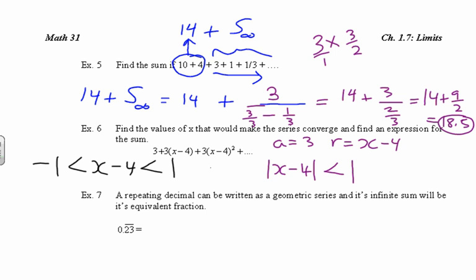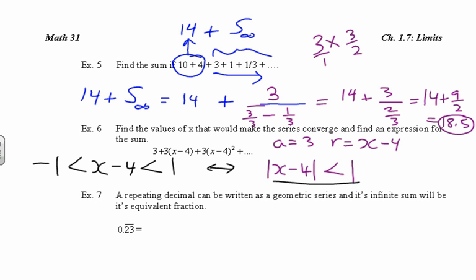This statement, to a trained mathematician, means that statement, and vice versa. If your absolute value is less than 1, that means you're between -1 and 1. These are equivalent statements. Now let's take this equivalent statement and add 4 to all 3 sides of the inequality.